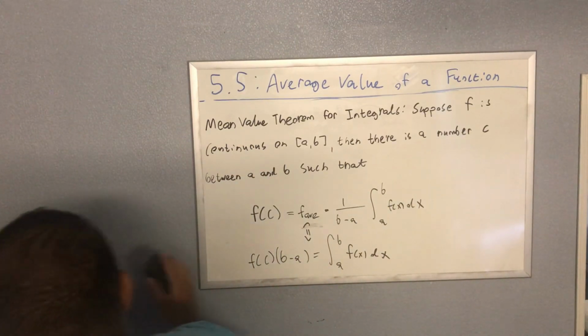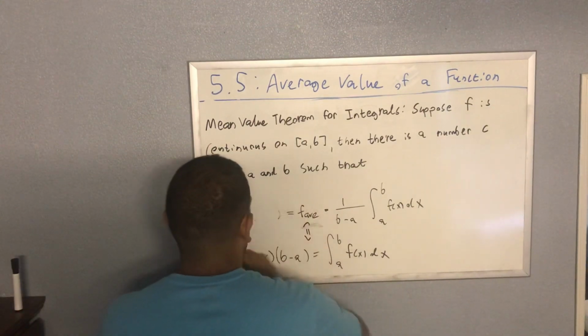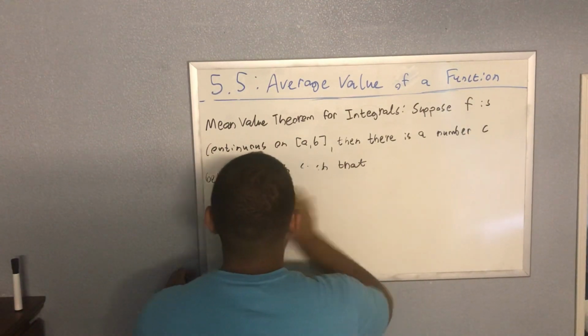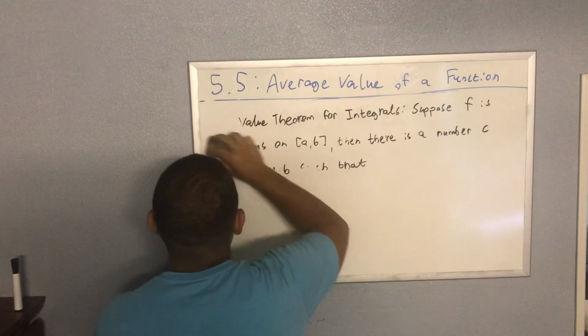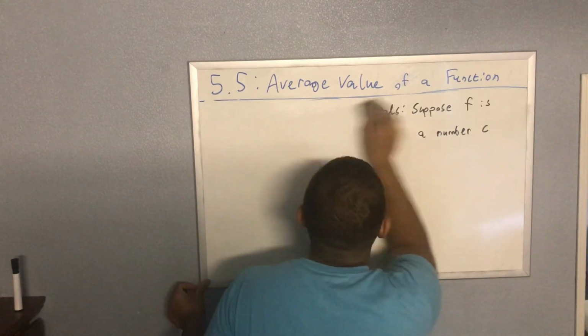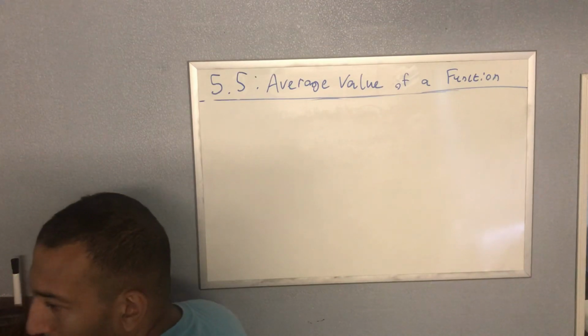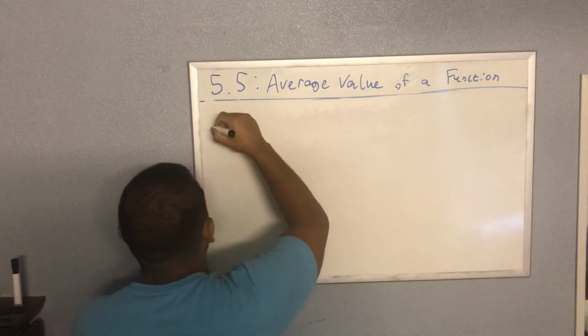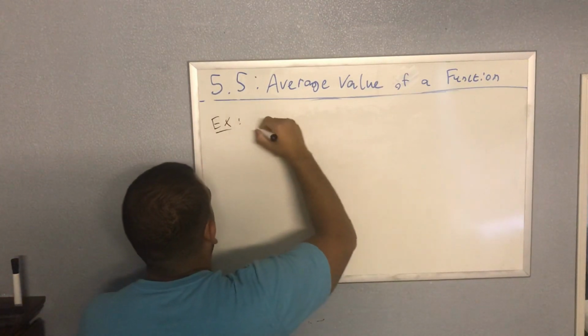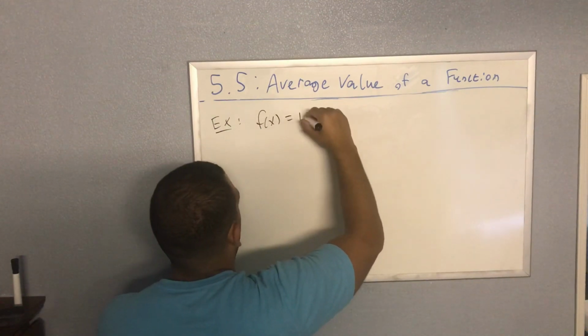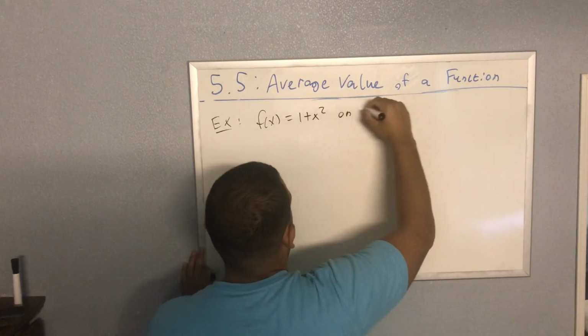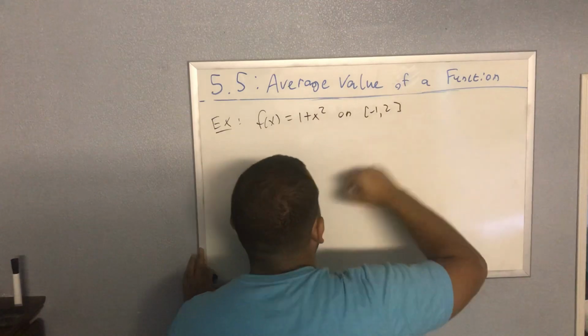And so let's just do one example from the previous thing, so you can maybe get what I was saying. The previous example we were looking at, f of x is 1 plus x squared on negative 1 to 2.